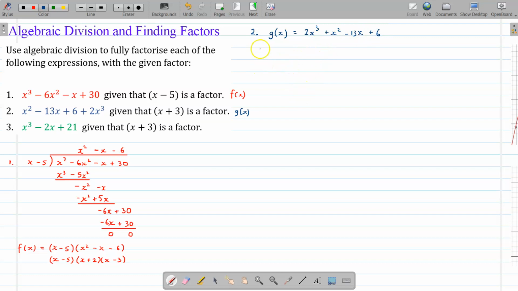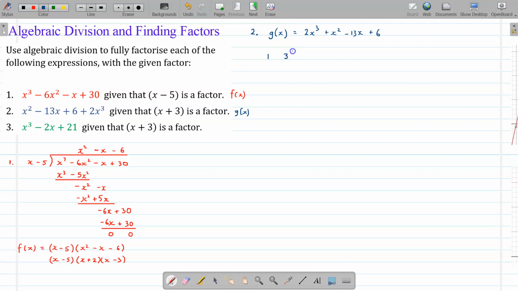But what I'm going to show you this time is a little kind of shortcut really, by taking out all the algebra from it and just dealing with the numbers. So I'm told that x plus 3 is a factor. Okay, so that means it will divide exactly by x plus 3. But I'm not writing x plus 3. I'm just going to write this 1x plus 3.